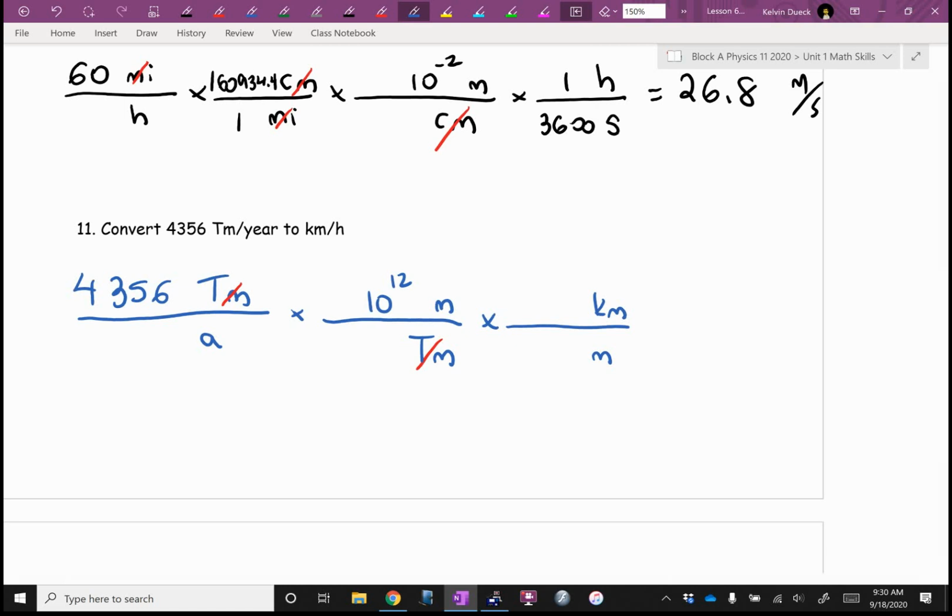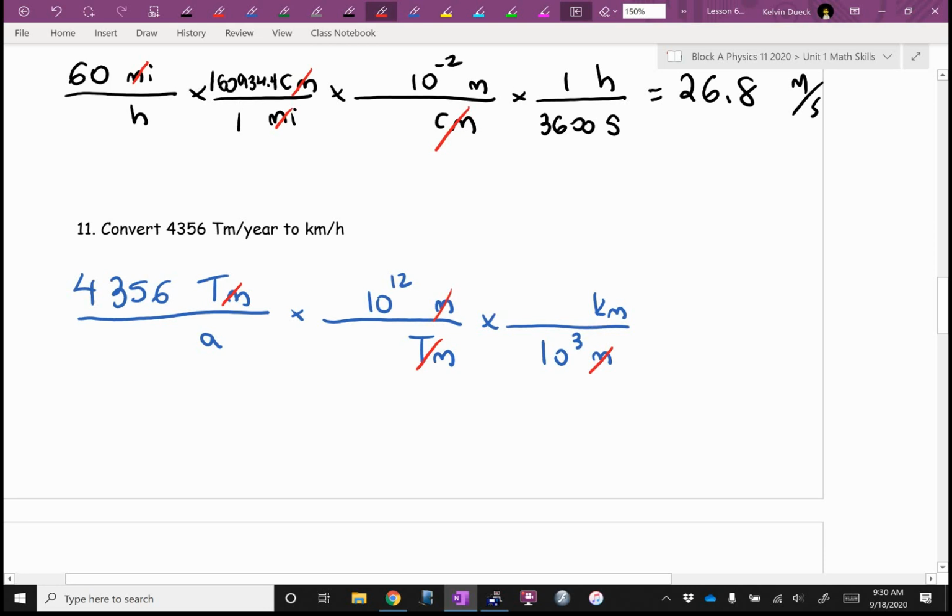Top or bottom? Goes there. Goes where the metric prefix isn't. The kilo is already there. It goes where the K or the capital T, where the metric symbol isn't. Good. So if we stop there, that would give us kilometers per year.